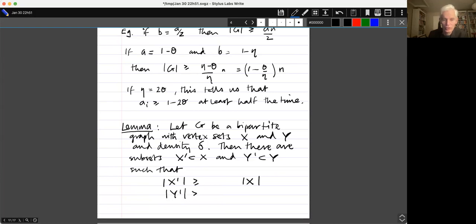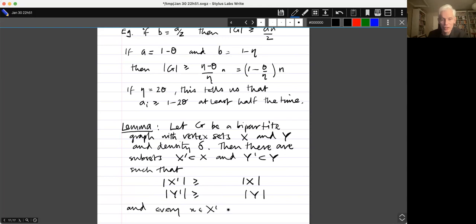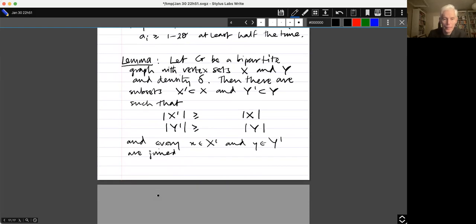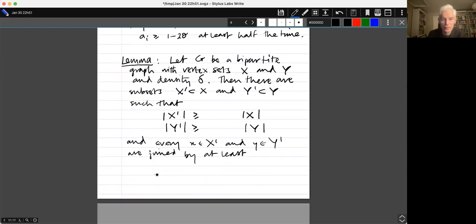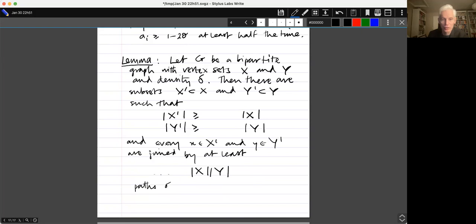Y dashed is going to be at least some fraction of Y, and every x in X dashed and y in Y dashed are joined by at least some constant times the maximum possible number, which is the size of X times the size of Y, paths of length 3 in G. So why this size of X times the size of Y?